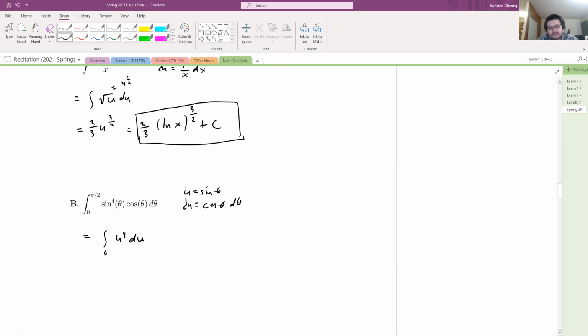If theta is pi over 2, then u will be sine of pi over 2, which is 1. Okay. And so we can now integrate this. We get u to the 5th over 5, and then we can evaluate that from 0 to 1. And so that's just going to be 1/5.